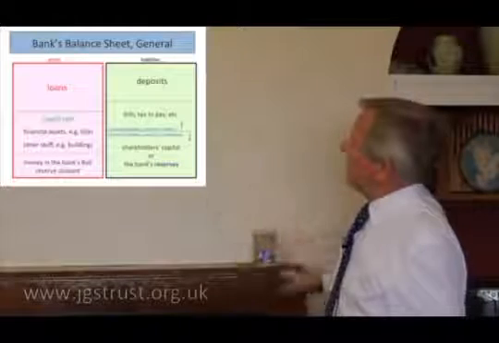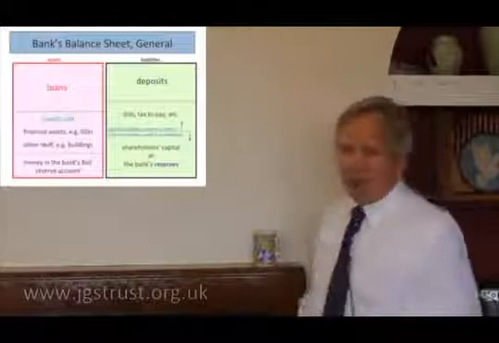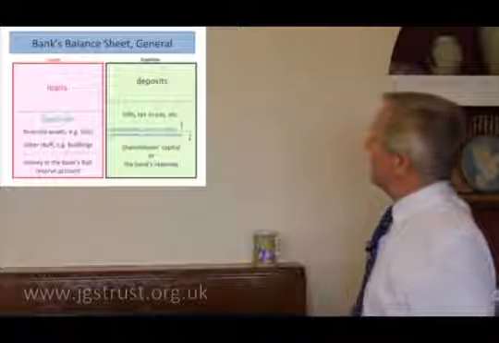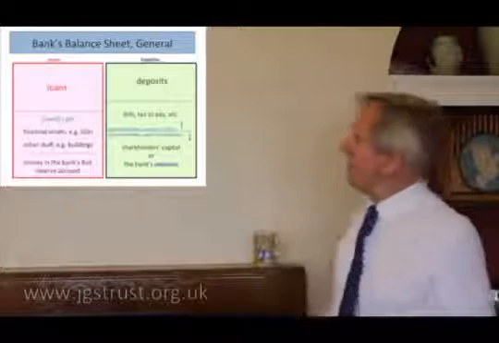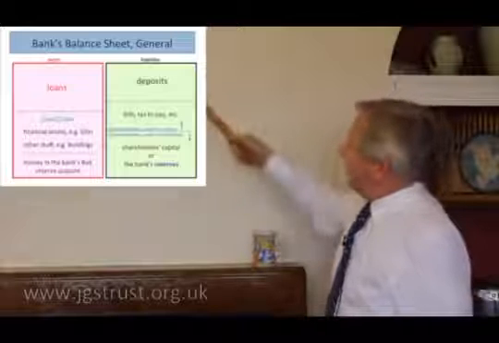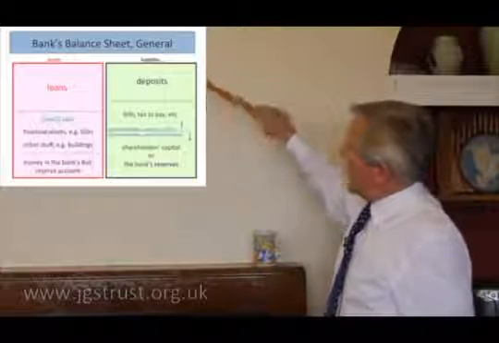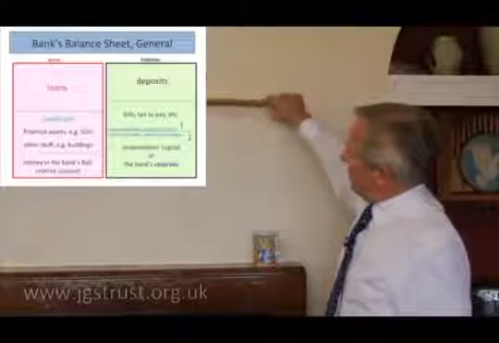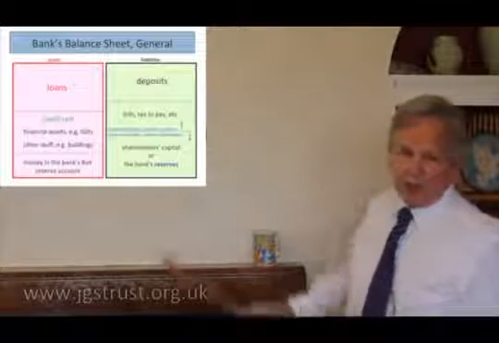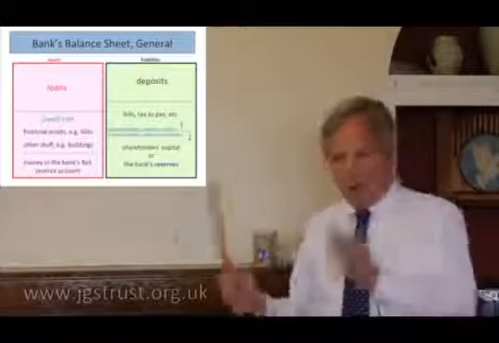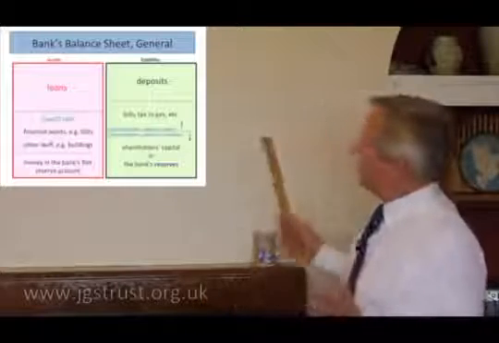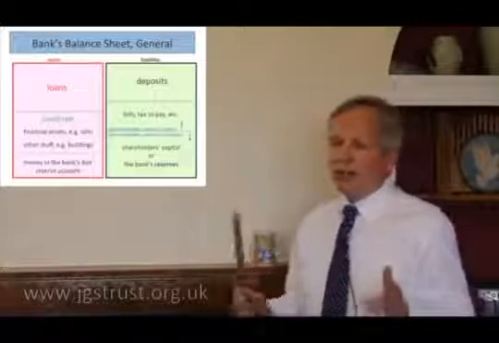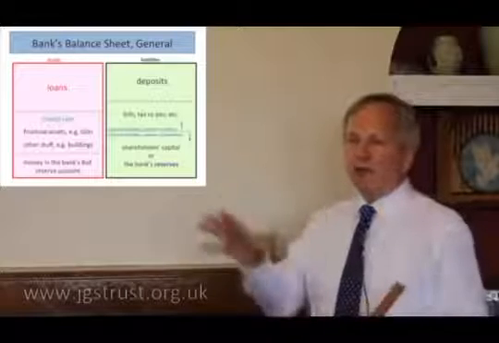Other liabilities that banks have, well, they have all the usual expenses of any business. They owe tax, they have to pay electricity bills, etc. But like any business, they have this shareholder's capital account, which is a number on the liability side of their balance sheet, and it represents something quite important. It's what the shareholders would get were the bank to be wound up now.